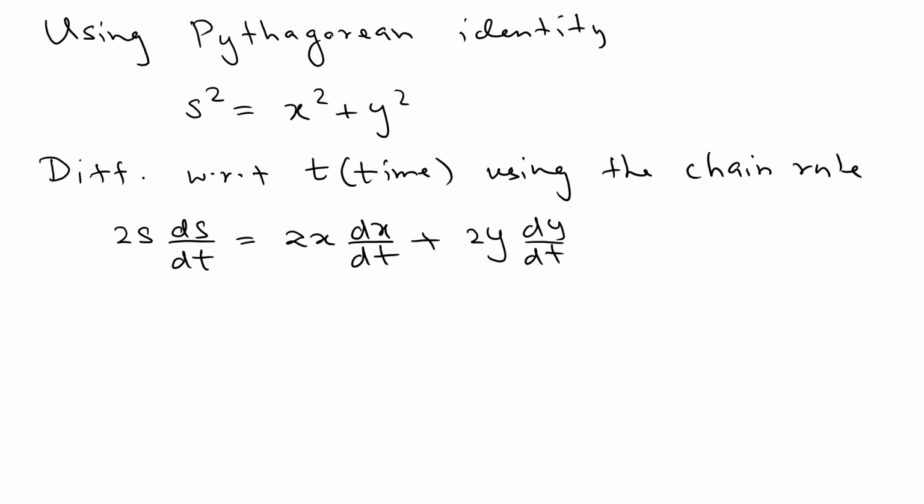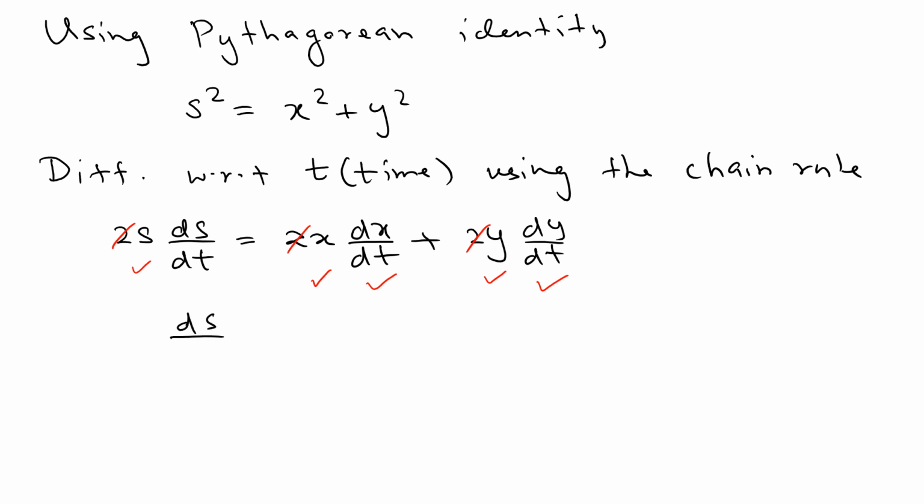So we did multiple examples, so we know this step very well. And you can see the 2 gets cancelled out. So we simplify all the way we can. And then you can see that we already know all of them. We already know s, we know dx over dt, we know y, we know dy over dt, and we also know s. So the only thing that we don't know is ds over dt. So we can solve for ds over dt.